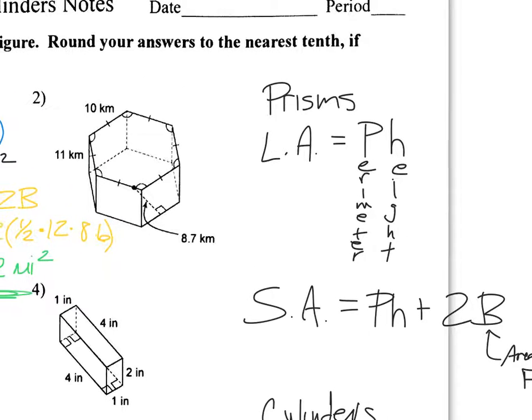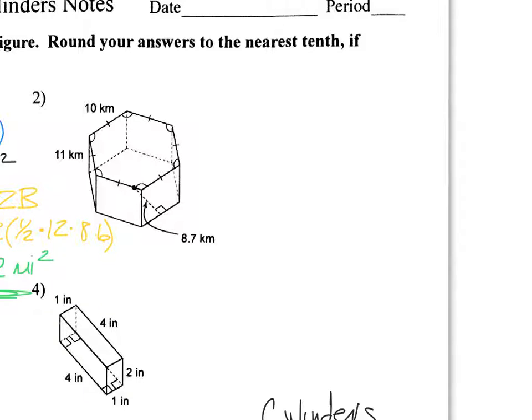All right, so now I'm going to come over here and erase the formulas that I've written. Again, lateral area is perimeter times height. First of all, here's the side, which is 10. All these sides are congruent, and there are 3, 4, 5, 6.